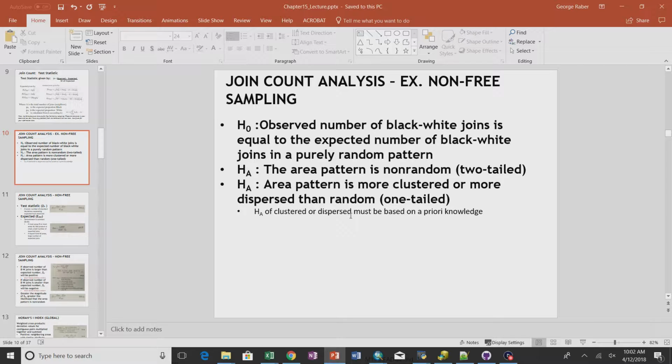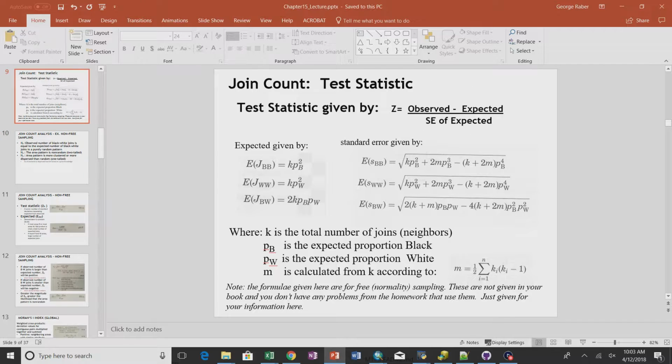If it's a wall-to-wall study and you actually know that it's 60% urban and 40% agriculture, then you could use the non-free. I don't see why you couldn't. I mean, you're trying to decide whether or not it was clustered or dispersed. Then you could use the non-free sampling technique. I mean, the free sampling technique. If you know the proportion, use the free.